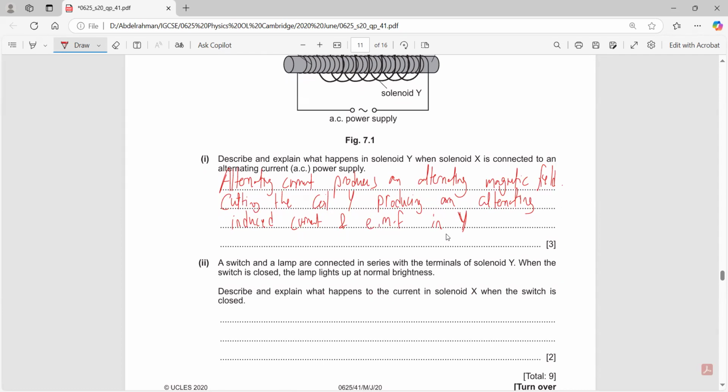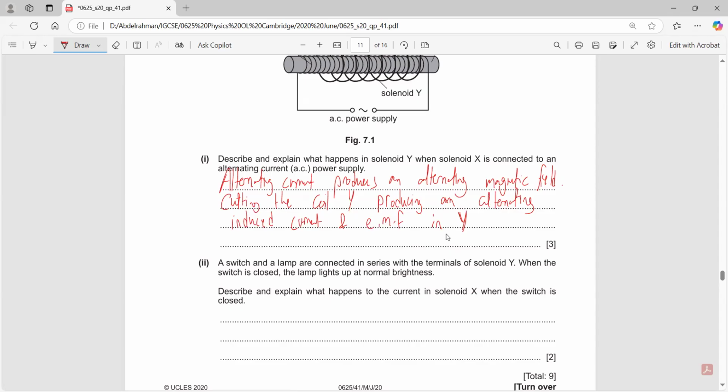When the switch is closed, the current in X, I guess, will increase. Why will it increase? Because it needs to light up the lamp. The lamp needs to use some of the current. From where will it get this current?